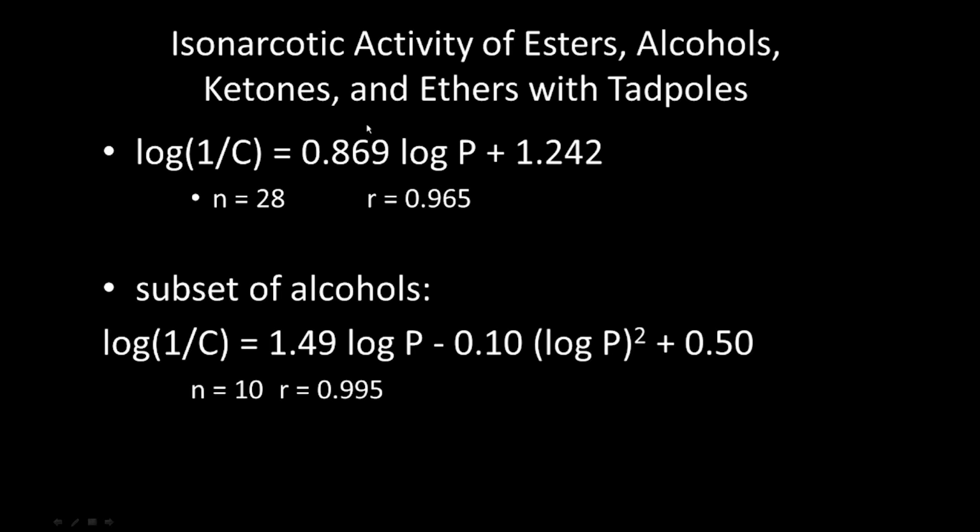So this is for ketones. So for a subset, only alcohols. If you take only alcohols, you may have a second order or a quadratic relation, so you can see R going up much further. Okay, so as I mentioned long time back, QSAR is very good if you have a set of molecules.